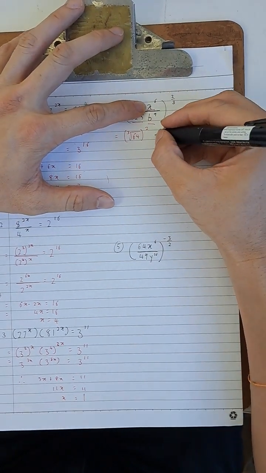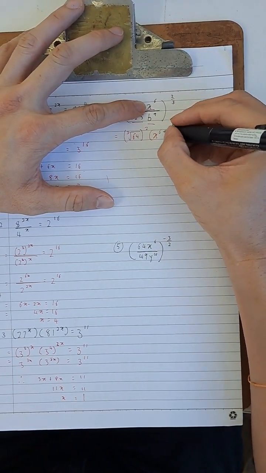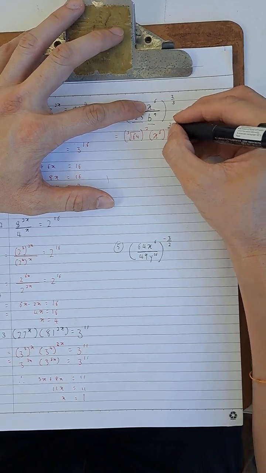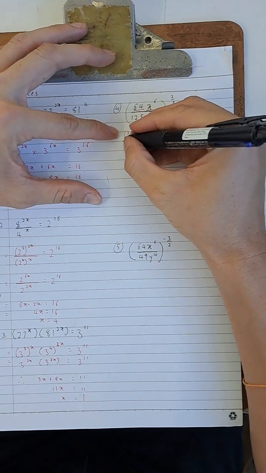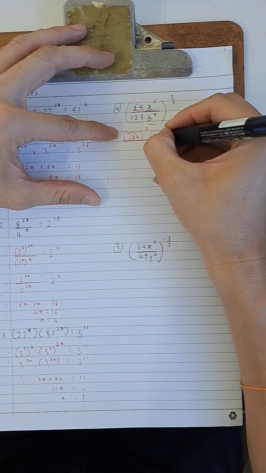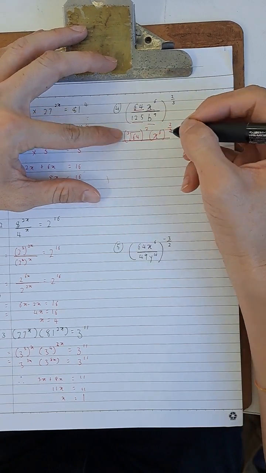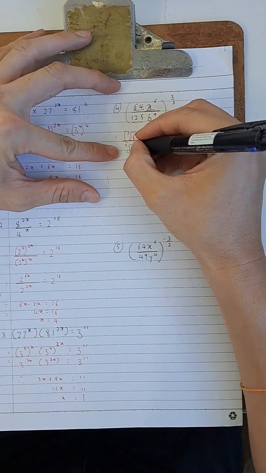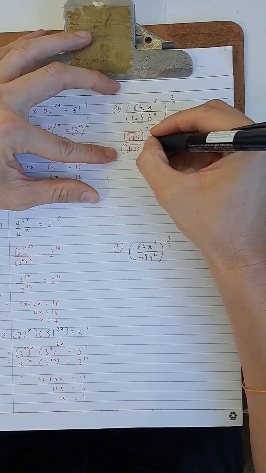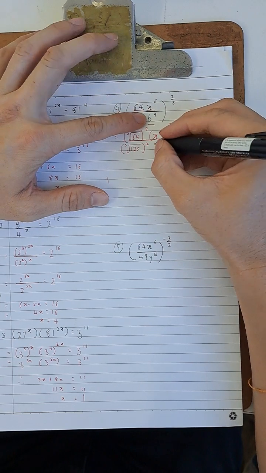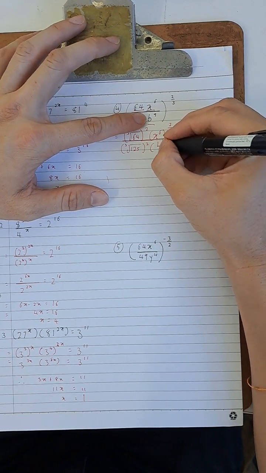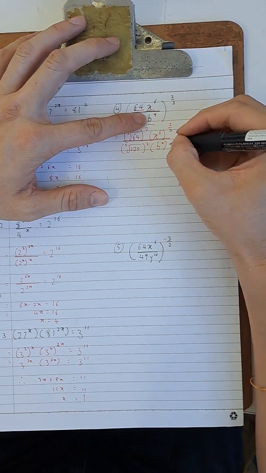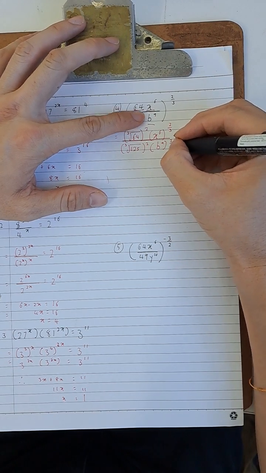And for this one, it's going to be x to the power of 6, and everything I just have to take 2 to the power of 3 over cube root of 125, and everything I square it. And for b, I will just take b to the power of 9 and power by 2 over 3.